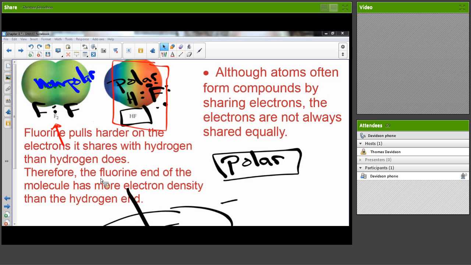All right, so turn to your lab partner real quick and tell them why or what it means to have a bond that is polar.